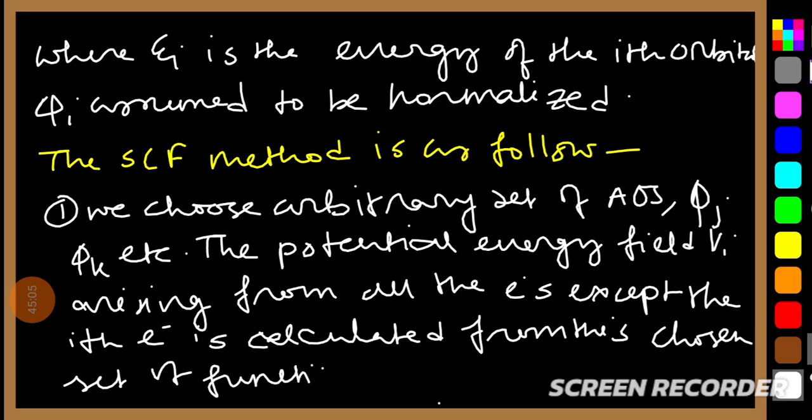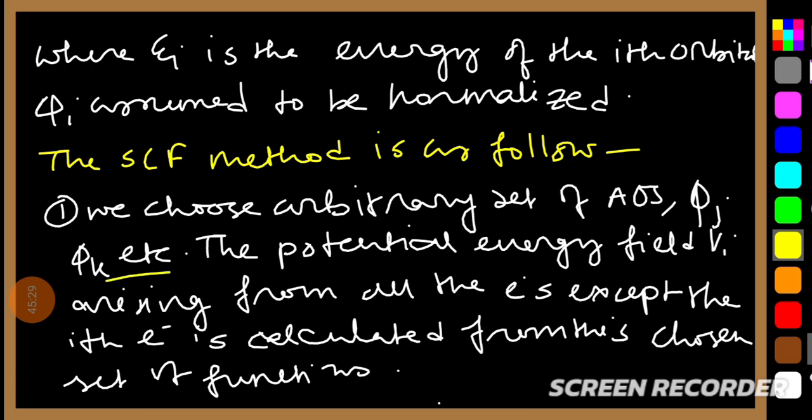Okay, so first we have to choose an arbitrary set of atomic orbitals. First we have to choose some arbitrary atomic orbitals. Now phi j and phi k, etc., suppose.